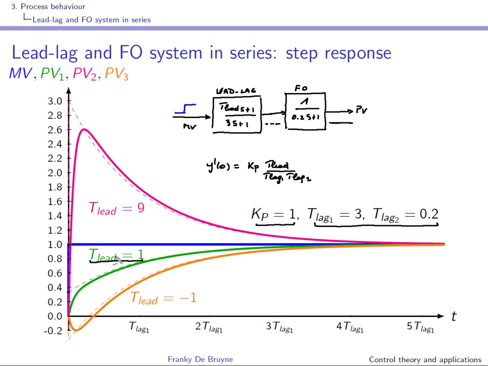So for instance, if t lead becomes higher, you can see that the slope of course increases, and it changes sign when t lead is negative.